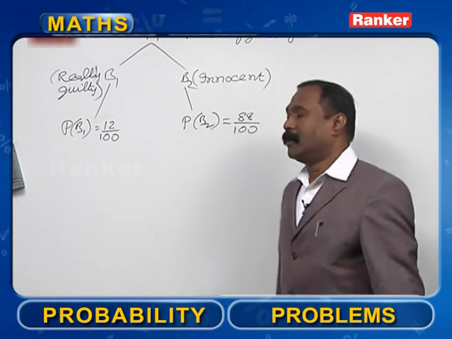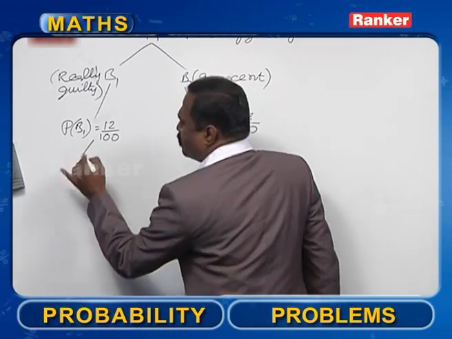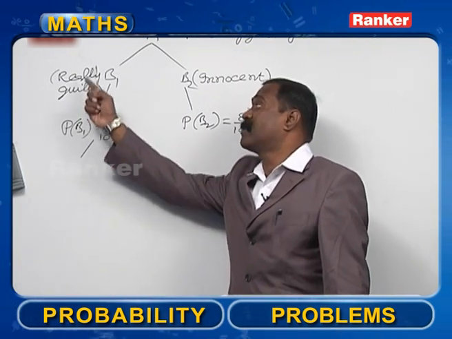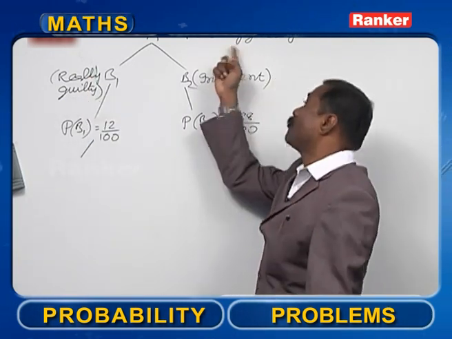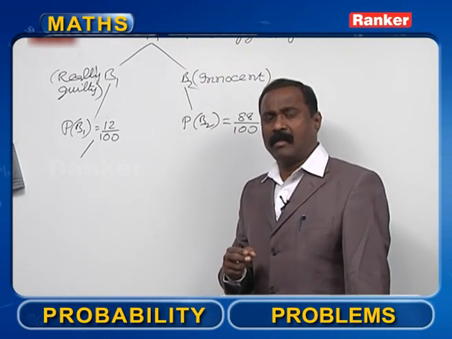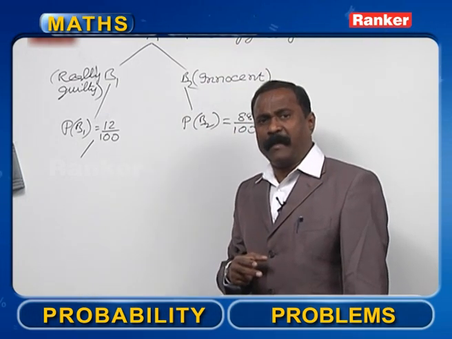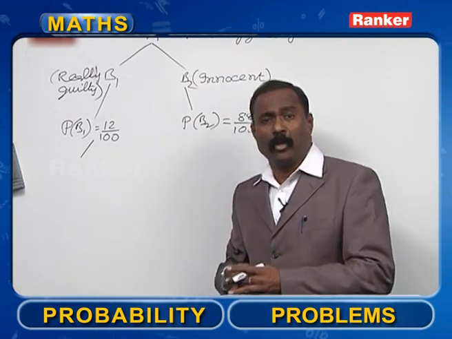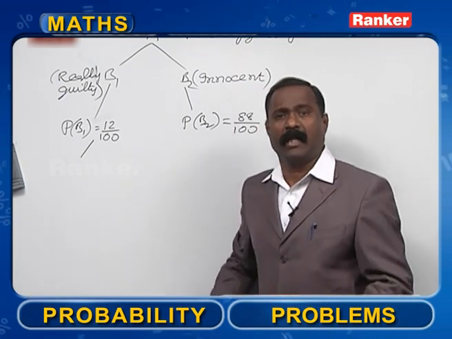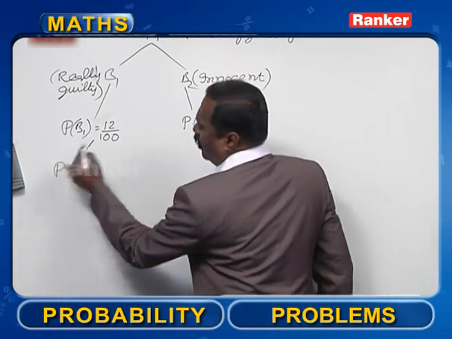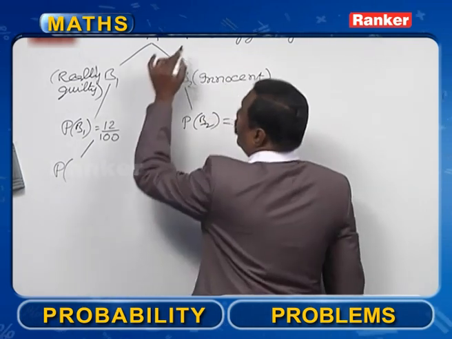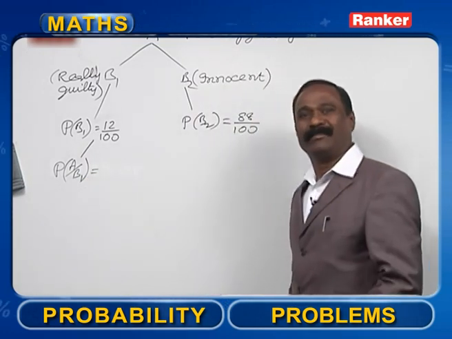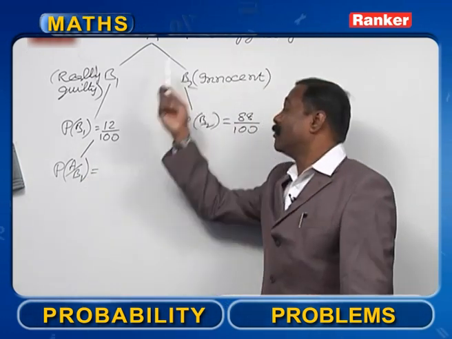It's clear, I think. Now, what is the probability of getting a person who is really guilty and is found to be guilty? The person is a wrongdoer and he is found guilty. That means it is real in both ways. That is the probability of getting guilty given B1.